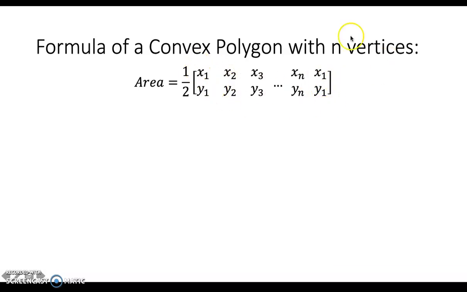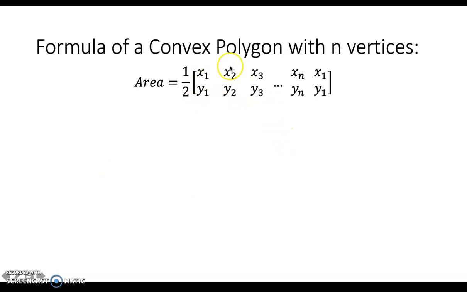So we just get the determinant of this divided by 2, or 1/2 the determinant of this. Again, what's a determinant? A determinant is simply the sum of the products down, minus the sum of the product up.